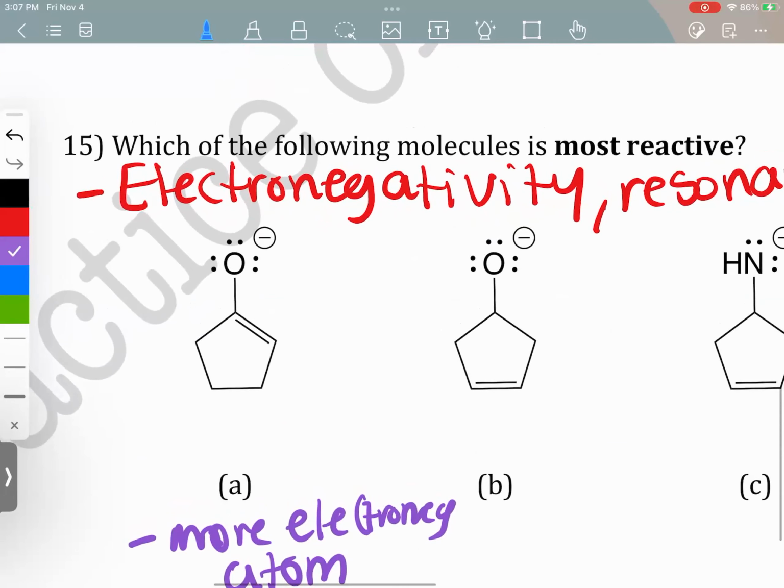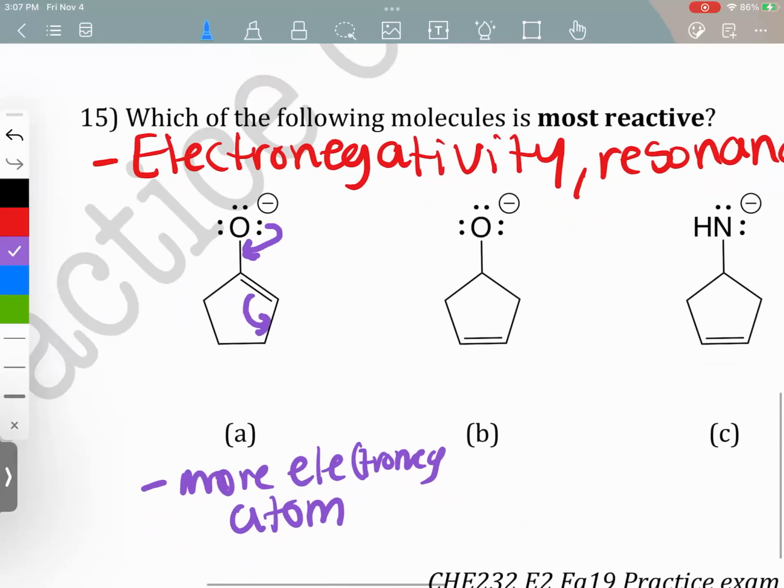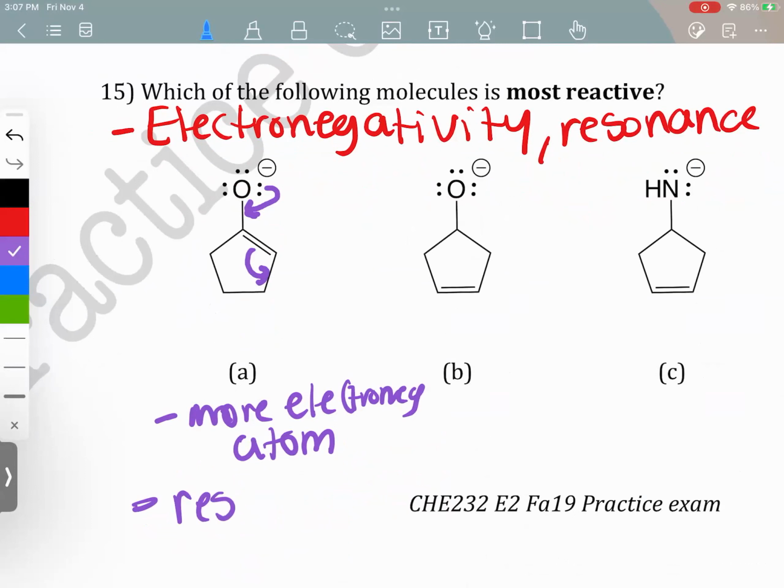So the resonance can occur like this. One of the non-bonding lone pairs on oxygen could create a carbon-oxygen double bond, and then this double bond can move like this. So it is also resonance stabilized. So that's lowering its energy. So A isn't reactive. Get that out.